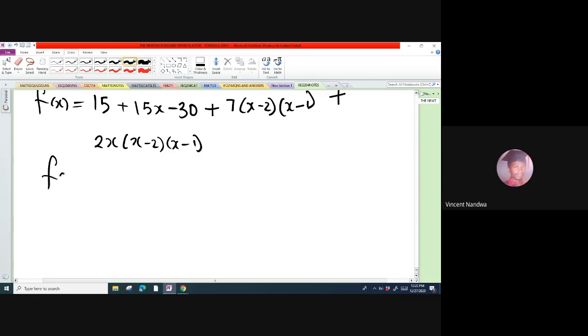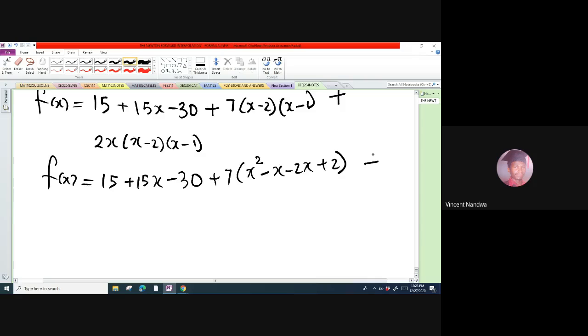So therefore, f of x will be given by 15 plus 15x minus 30 plus 7 into x squared minus x minus 2x plus 2, plus 2x into x squared minus x minus 2x plus 2.